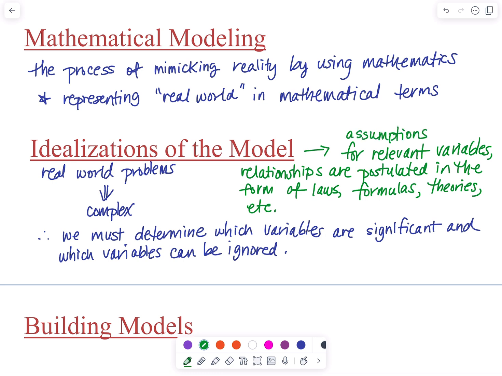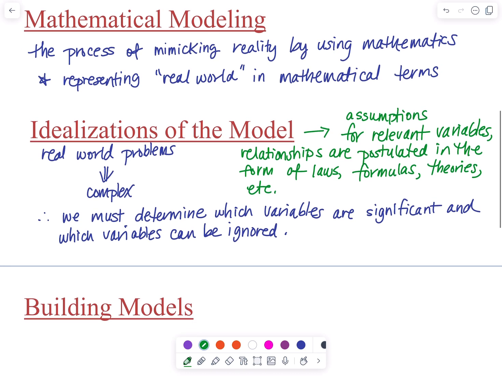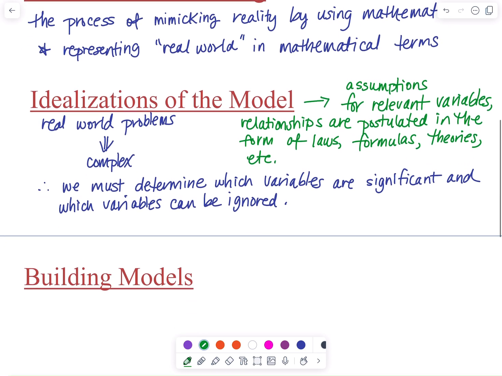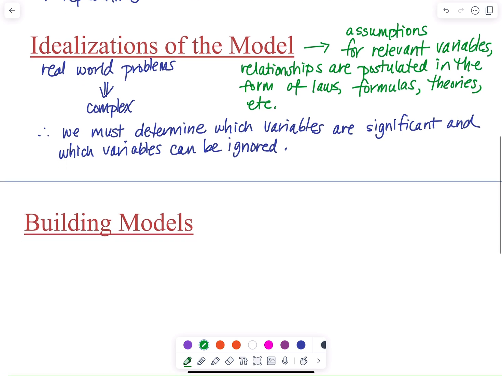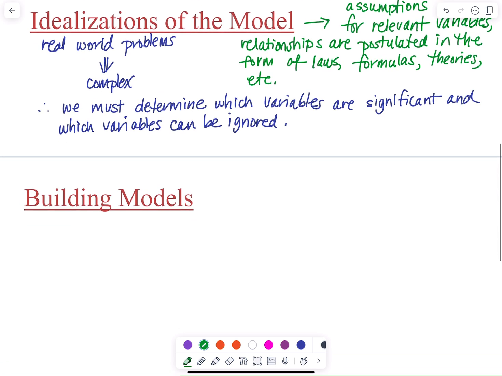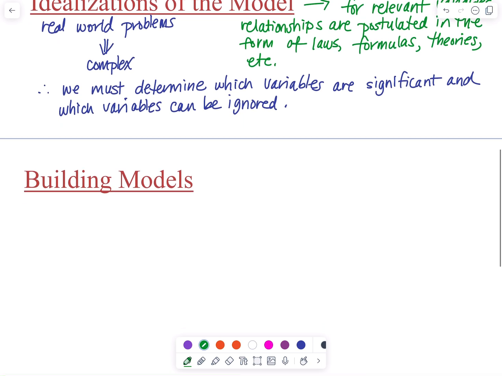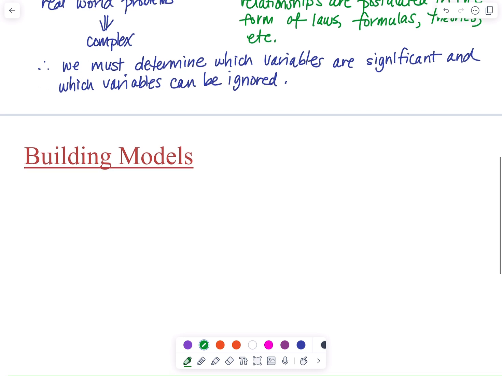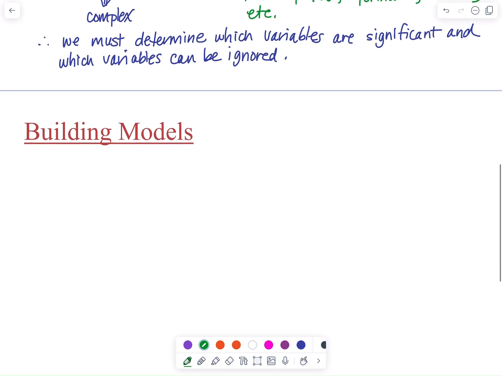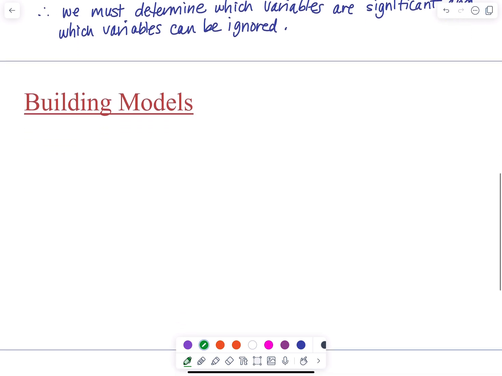Okay, so now in building models, this process of building models does take skill and it does take imagination, and we do need to have some sort of outline that might be helpful.